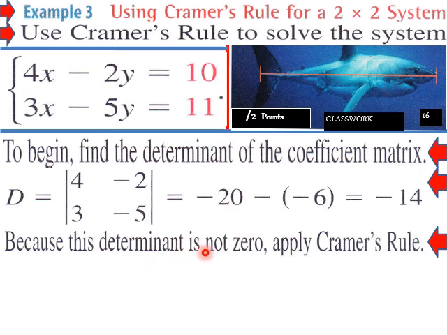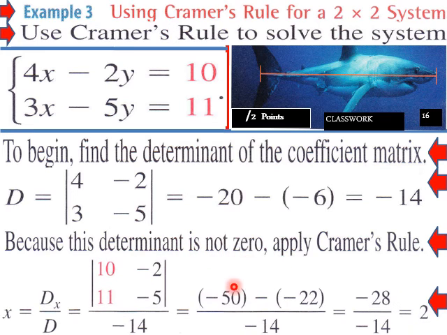Because this determinant is not 0, I'll apply Cramer's rule. So when we apply Cramer's rule, our Dx here will be 10, negative 2, and then 11, negative 5 over negative 14. So we found this to put in our denominator.